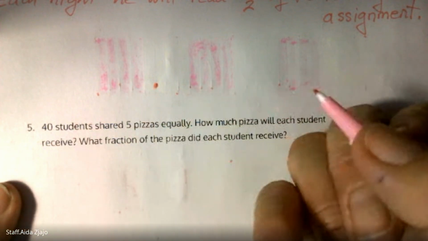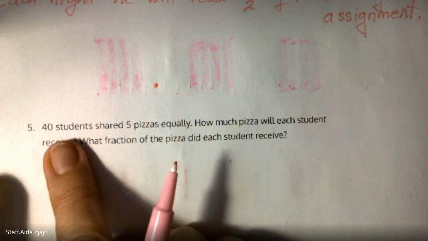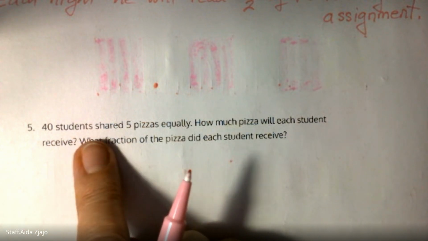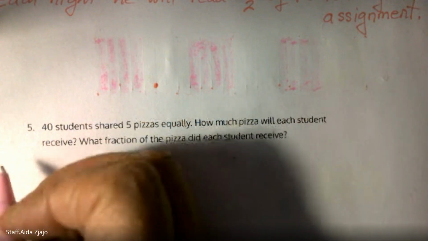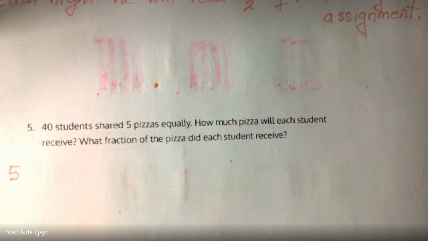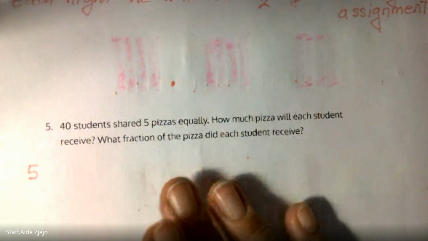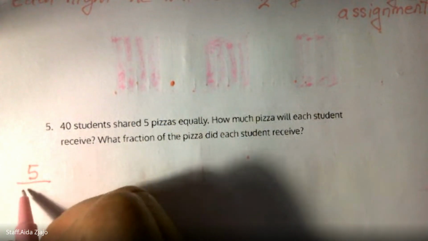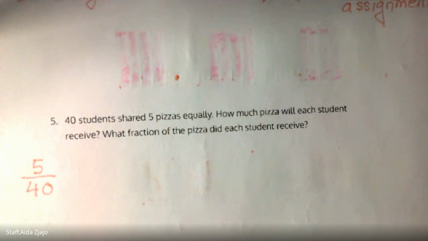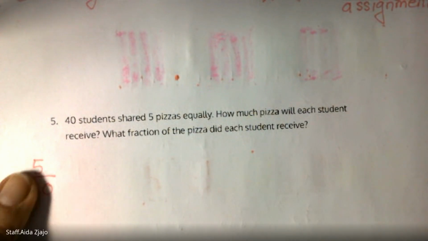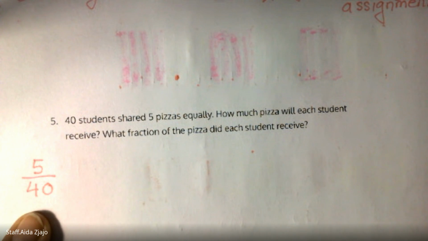So there are 5 pizzas being shared with 40 students. We can think each student will get 5/40ths of the pizza.